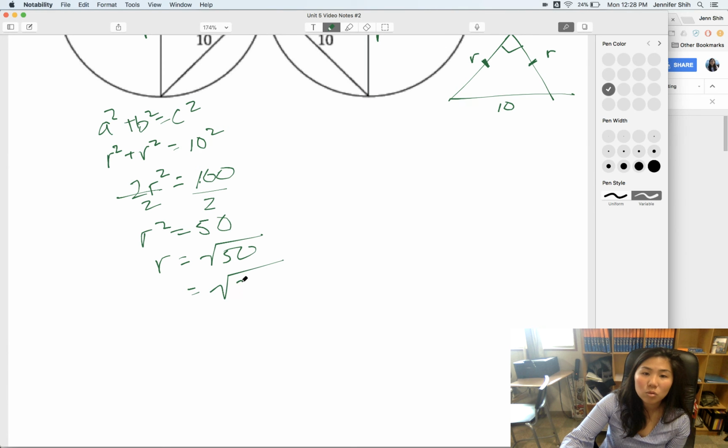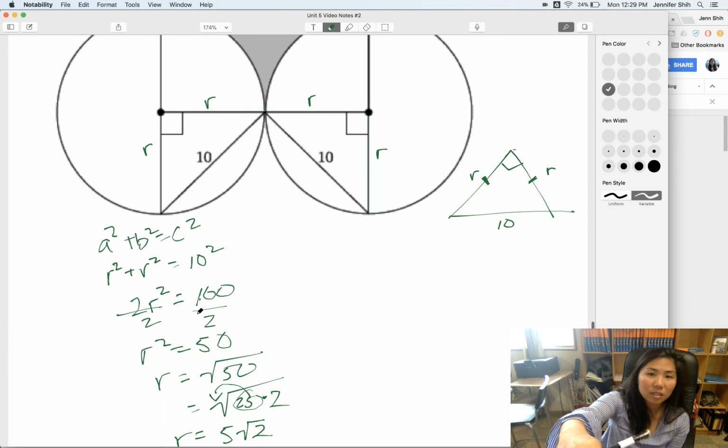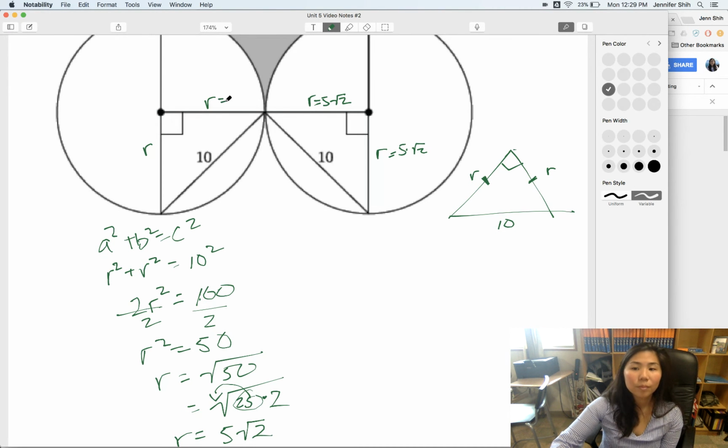And I see 25 times 2. So this comes out as a 5 root 2. All right, so our r value is 5 root 2. I wonder how that helps us. Okay, how does that help anything?